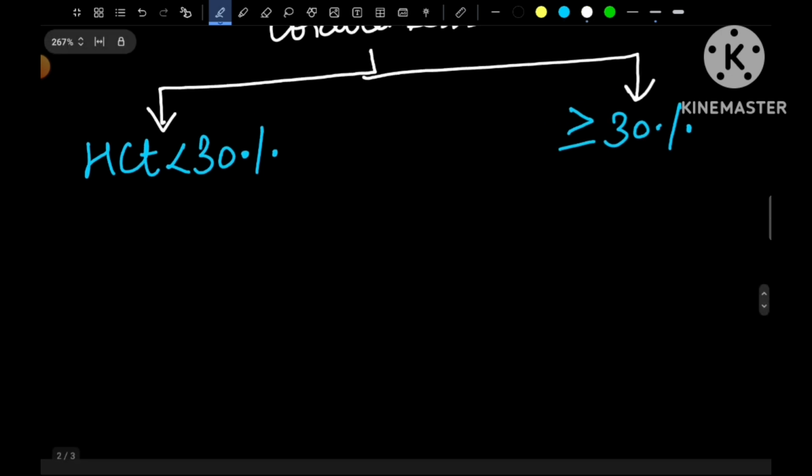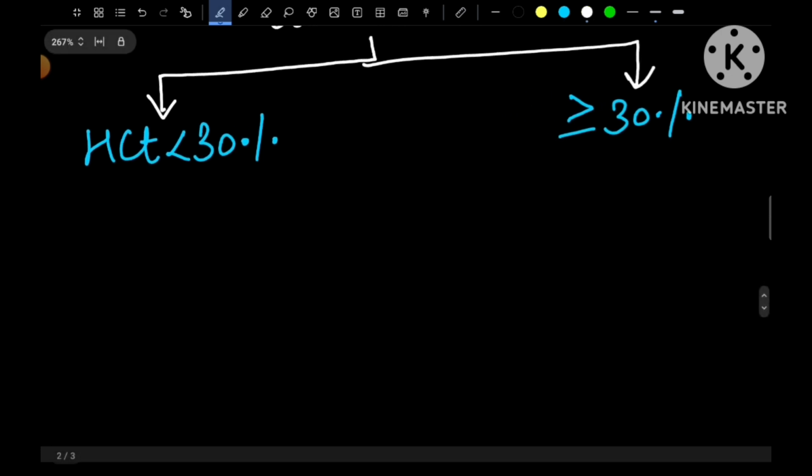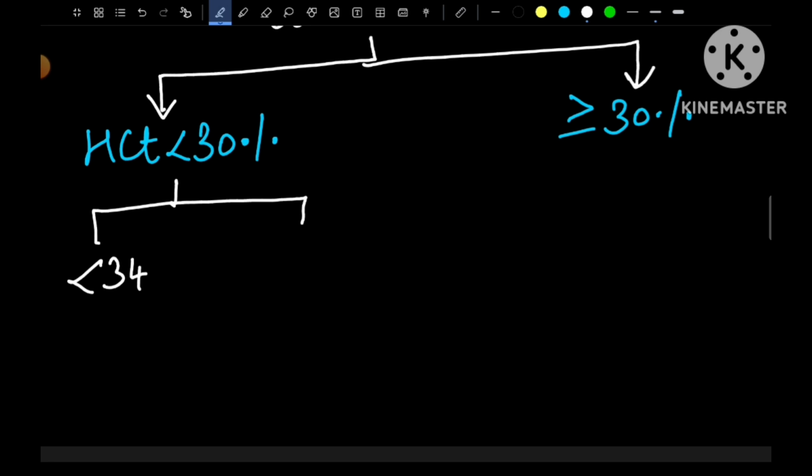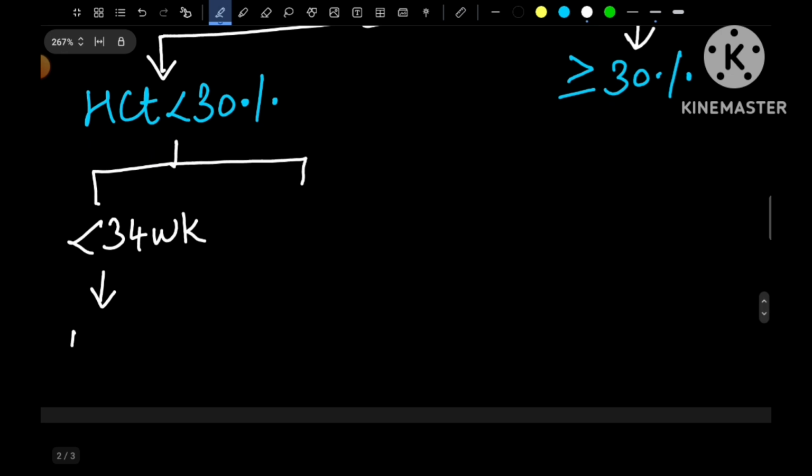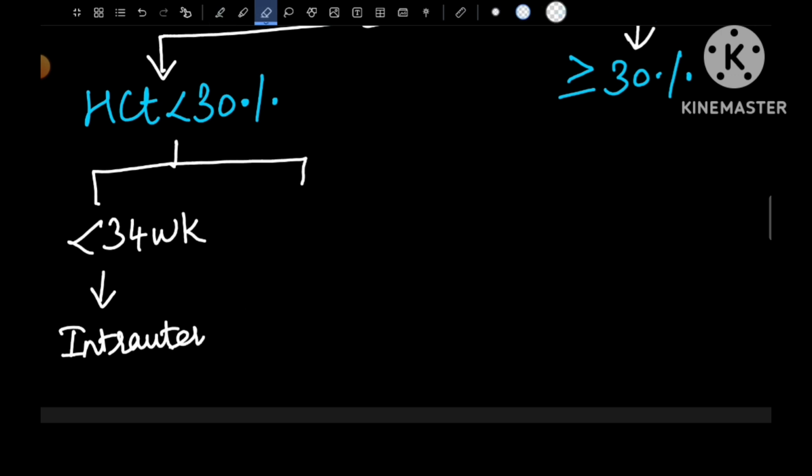If the hematocrit is less than 30%, what should we do? We have to see the gestational age. If it is less than 34 weeks, we can do intrauterine transfusion.